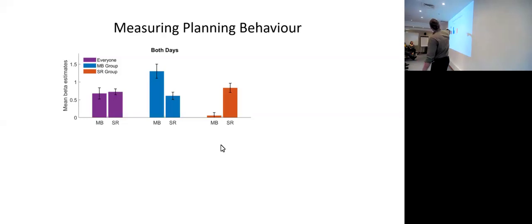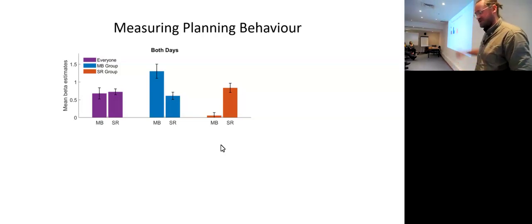So essentially we have the half of the population that's super strongly model-based and has a bit of SR in them as well, primarily using the model-based strategy. And we have another group which, as a group, have no model-based estimate at all and are only using the SR. So I'm going to call these the MB group and the SR group for convenience. And I should say any error bars in this presentation are standard error.